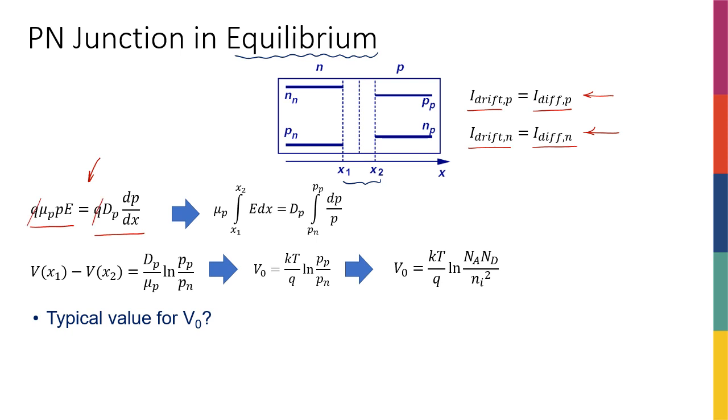And then I'm going to take an integral of both sides. First of all, I take this p to the other side, put it in the denominator, and bring this dx from the denominator to the left side. So I'm going to have mu_p, which is a constant, come out of the integral, E times dx, and I'm integrating over x.